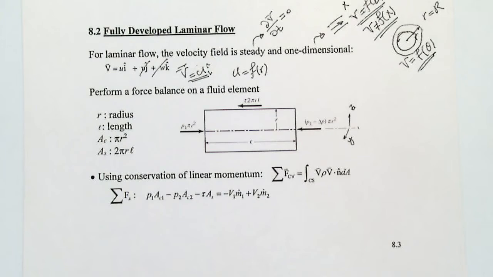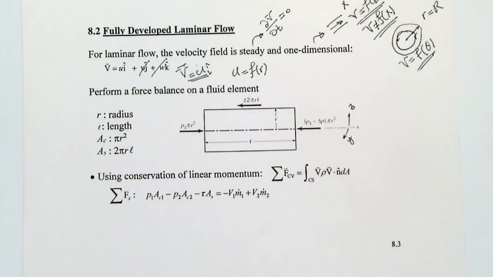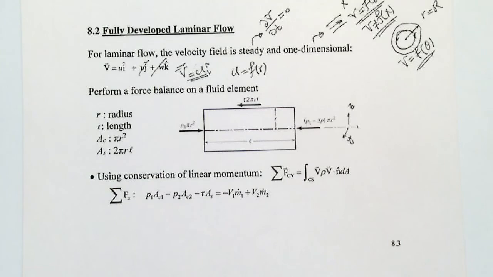Okay? And also you know that this is a viscous flow because we are in the fully developed flow, and in fully developed flow you have what? You have a parabolic shape, and then you have shear stress at the wall and around it, inside of that.